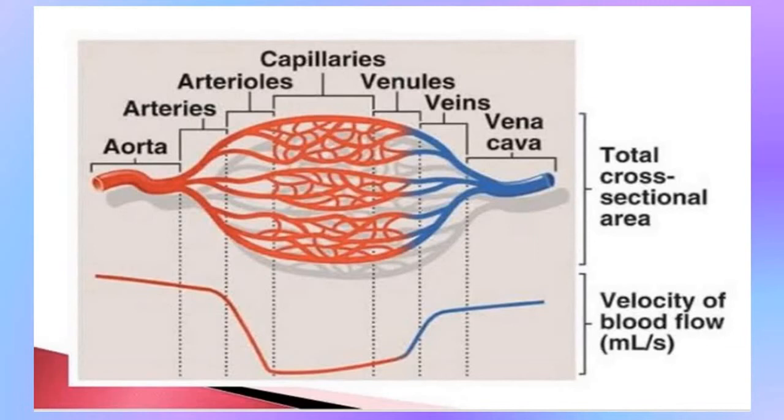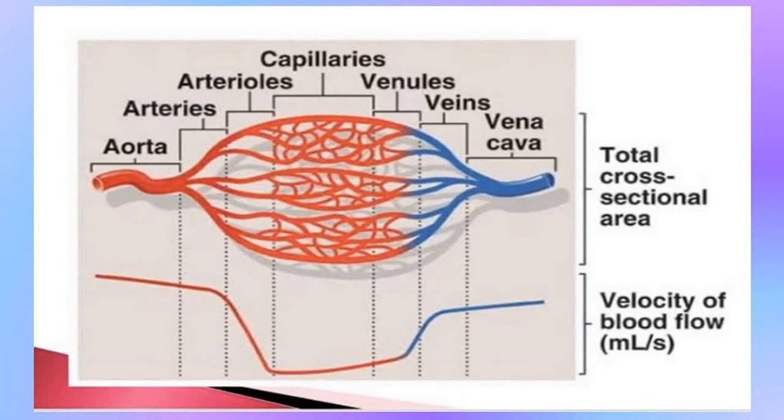In this figure you can see that the velocity of blood flow is highest in the aorta, then it slightly decreases in arteries, much more in arterioles, and it is slowest in the capillaries because the cross-sectional area of the capillaries is largest as compared to all the vessels of the blood vascular system.